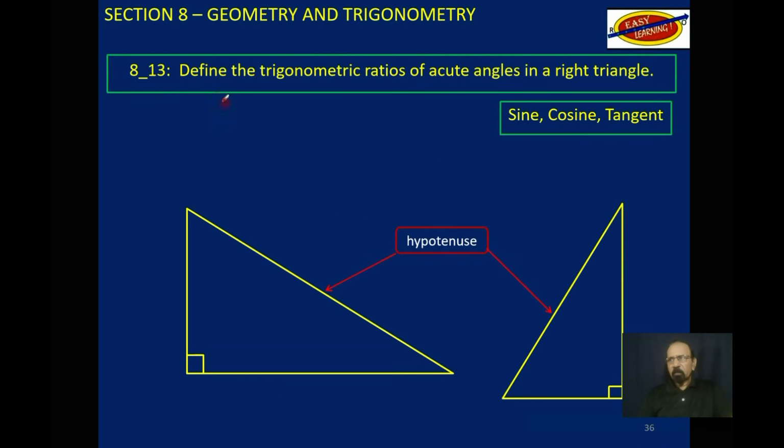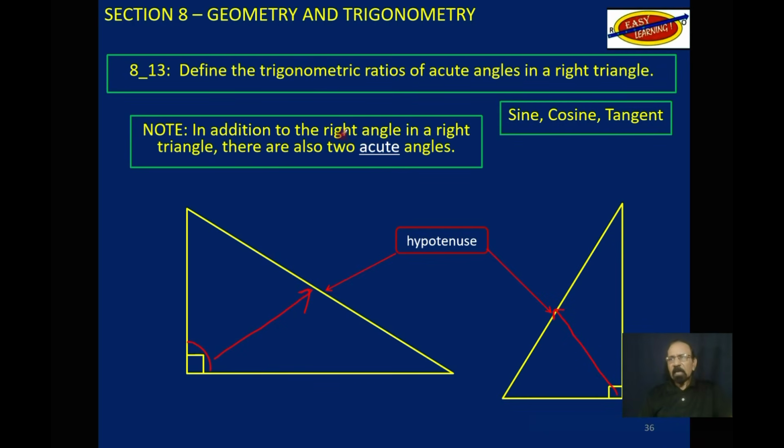Just a reminder, if you have a right triangle like this or like this one over here, this is the right angle. The side opposite it is called the hypotenuse. Same thing here. The side opposite that right angle is called the hypotenuse. Note, in addition to the right angle in a right triangle, there are also two acute angles.